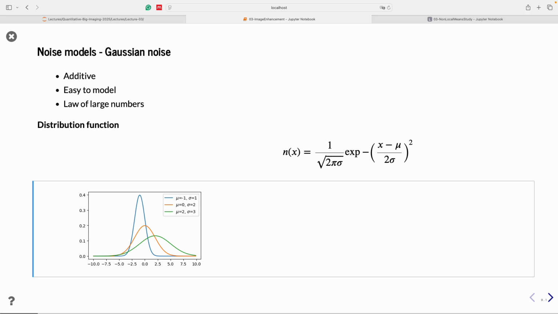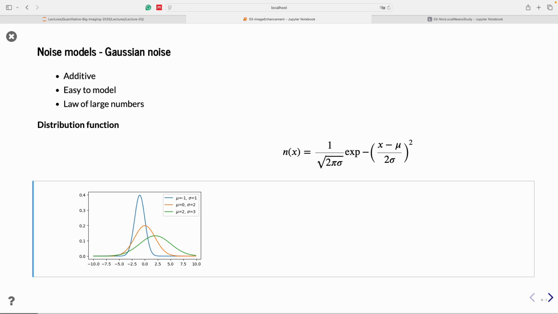So typically, when you start modeling noise, you're talking about the Gaussian noise model because it's very easy to work with. It's additive noise, and it's very easy to work with, even though the equation may look a bit ugly. Mathematically, working with it is very easy. It's easy to make derivatives and to compute log likelihood functions.